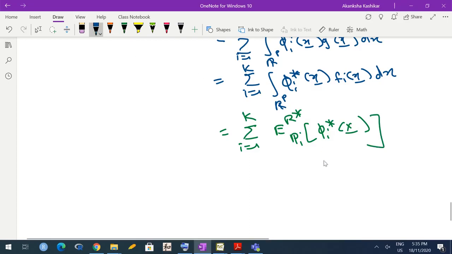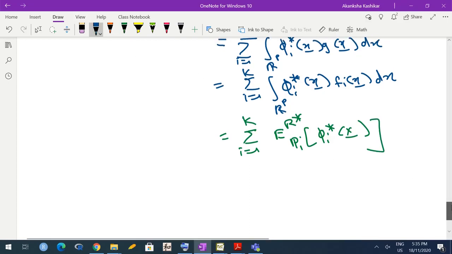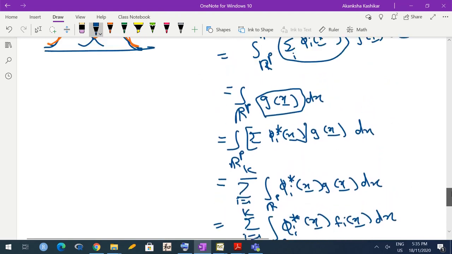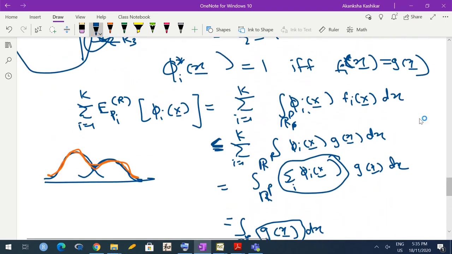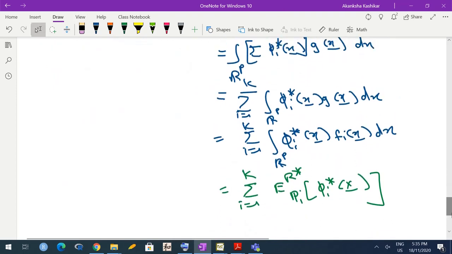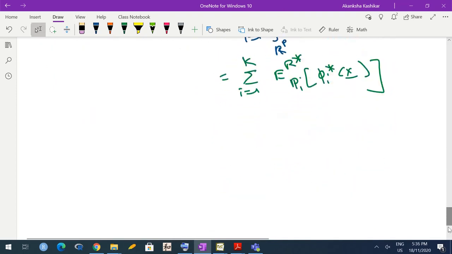So this is again the sum of probabilities of correct classification, but now under the rule R star. So remember, we have a less than or equal to sign sitting over here. Everything else is equal, but there is one less than or equal to, which tells me that this quantity is maximized for R star, because R is any arbitrary rule on the LHS, whereas on the right side I have the optimal rule R star which we defined here.